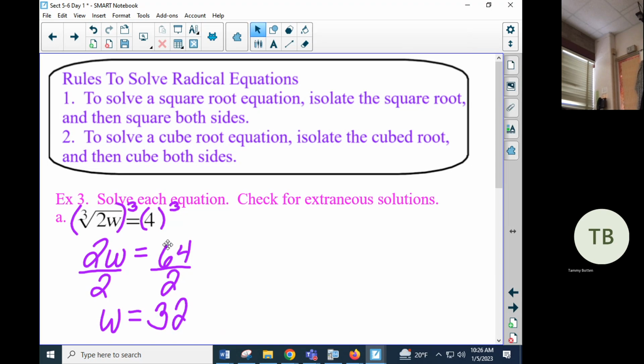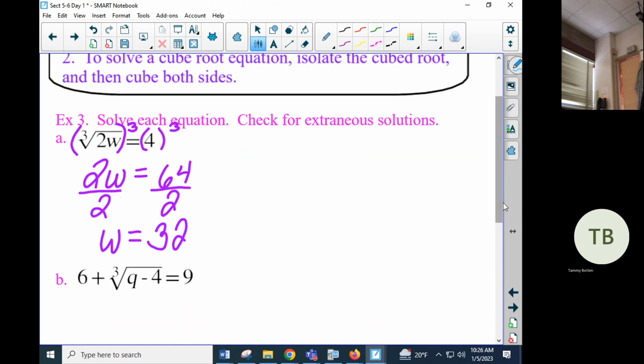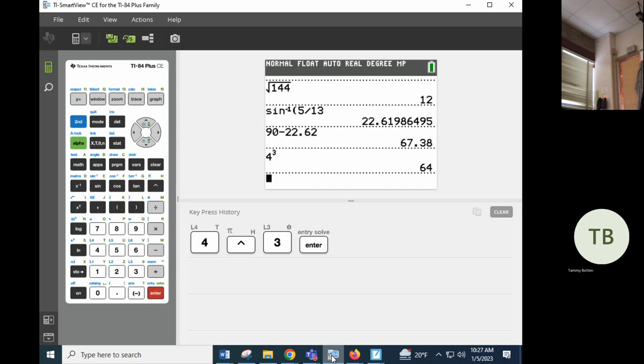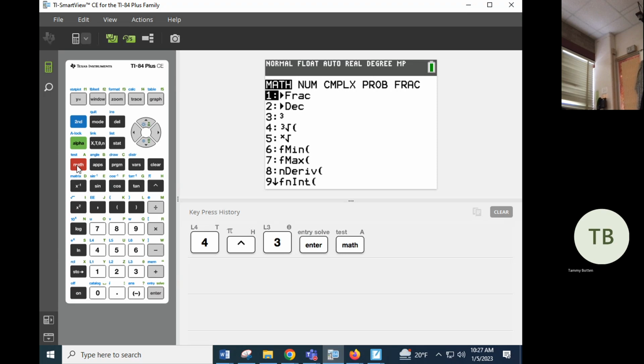Now if we check that one, we have the cubed root of 2 times 32, and we're checking if it's 4. So this would be the cubed root of 64. To show you how to do that on a graphing calculator, graphing calculators have this math key right here. If you hit that, number 4 is a cubed root.